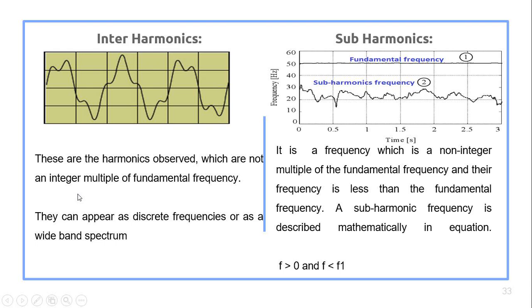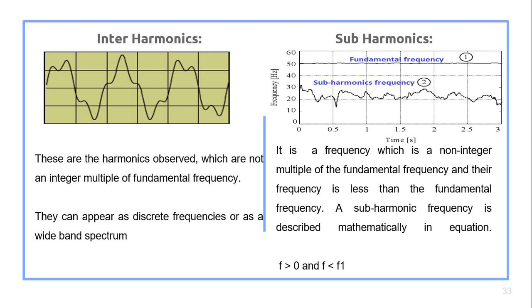Interharmonics. These are harmonics observed which are not an integral multiple of the fundamental frequency. Harmonics are generally integral multiples, third harmonic, fifth harmonic, sixth harmonic, but interharmonics are 3.5 harmonic, 3.4 harmonic, 3.9 times harmonic. So it is not an integral multiple of the fundamental frequency.